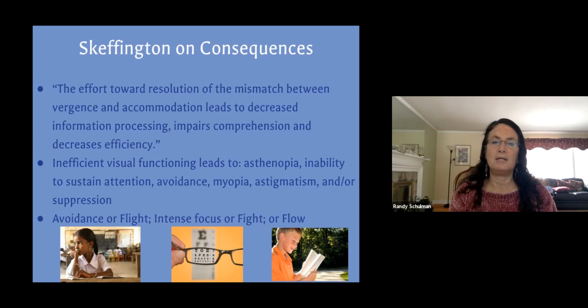So he talked about it as that avoidance or flight, intense focus, which would be the fight, become myopic, or you can be in the flow. So there's ways to actually modify how we're looking and how we're seeing, and that typically involved a plus lens to ease that mismatch between having to stay focused at a fixed distance.